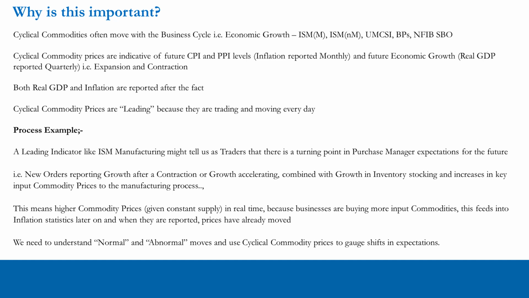By the time inflation is reported, prices have already moved. So what we need to understand with cyclical commodities is what is a normal and abnormal move, and use cyclical commodity prices as a gauge to shifts in inflation expectations.